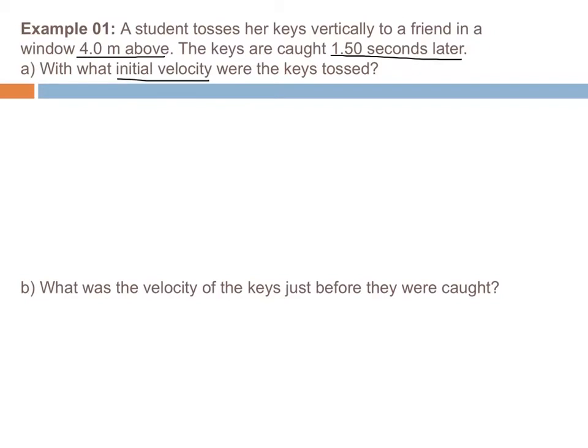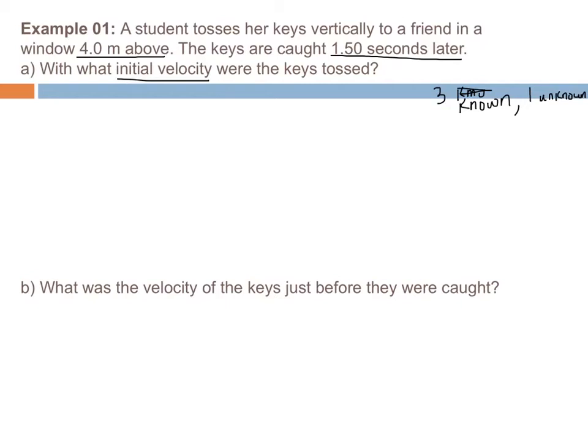So remember that with kinematic equations, you have to have at least 3 pieces of information, so 3 known pieces, 1 unknown. Okay, good. 3 known pieces of information and 1 unknown piece of information.